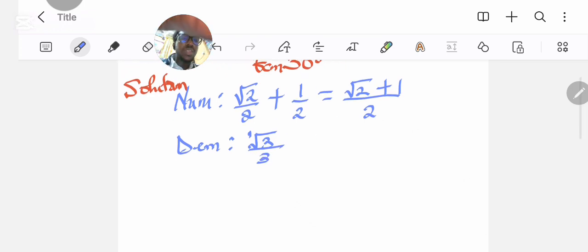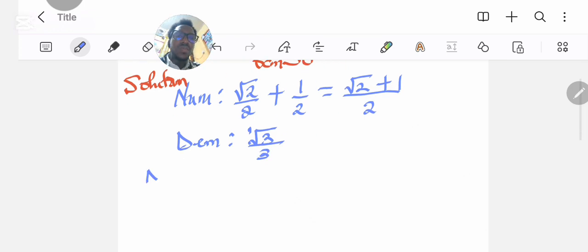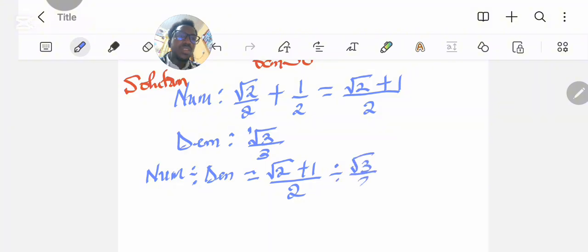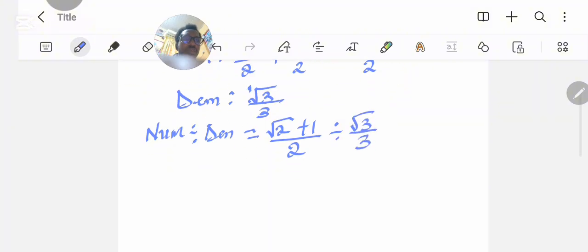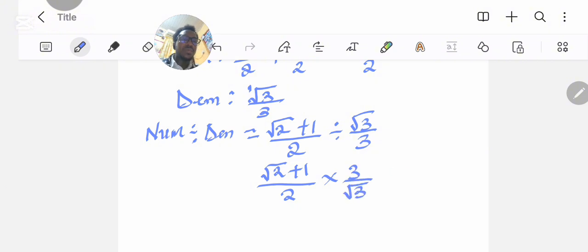All right, so by the time we come to the division of the numerator divided by the denominator, we are going to be getting (root 2 plus 1) all over 2 divided by root 3 over 3. And from here, this is the same as (root 2 plus 1) over 2 times 3 over root 3.